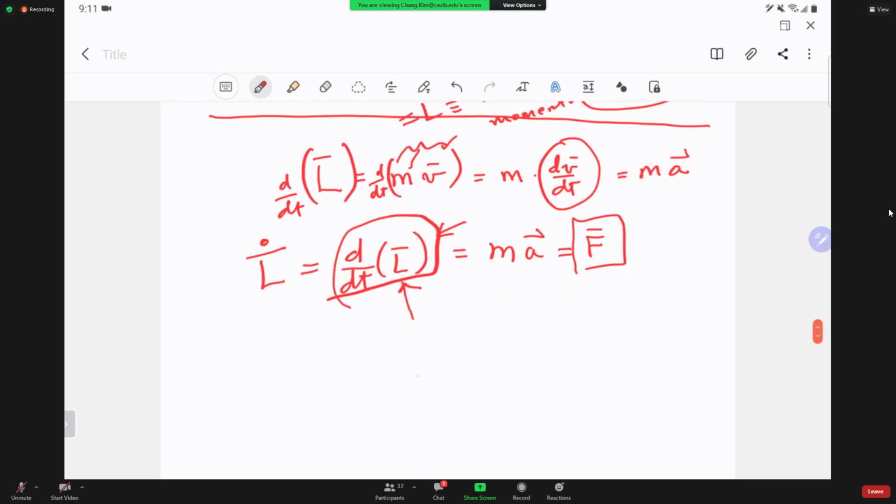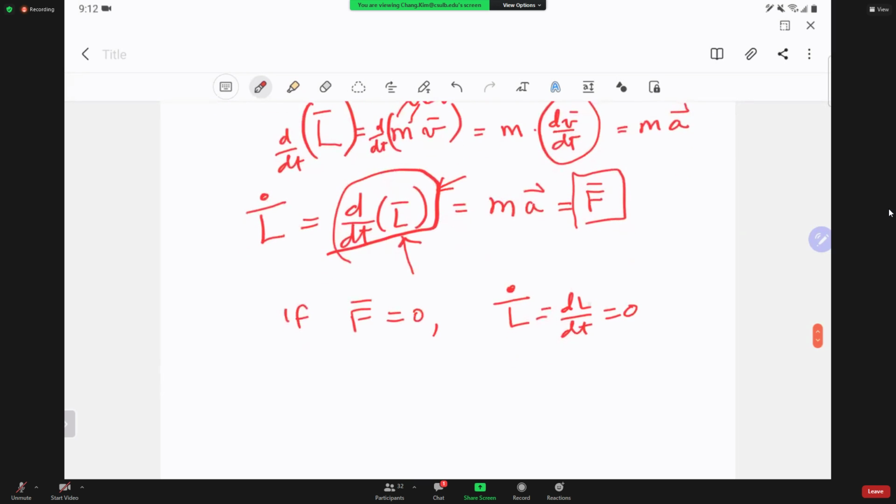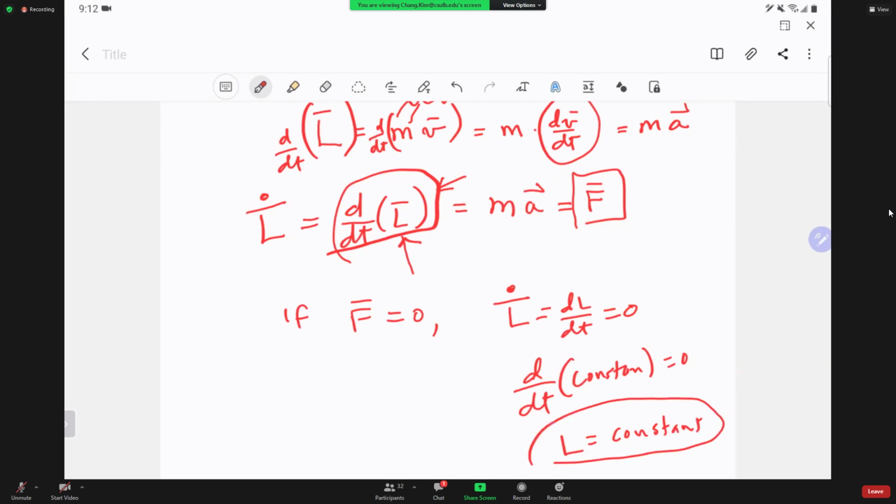If F is 0, that means dL/dt is equal to 0. The only way this is 0 is if L is constant. So when you have a constant linear momentum in your system, then there is no net force applied.